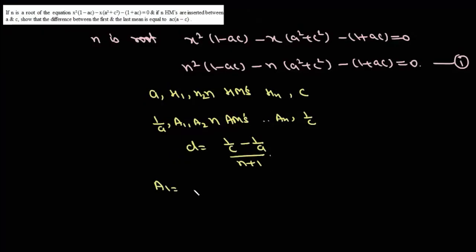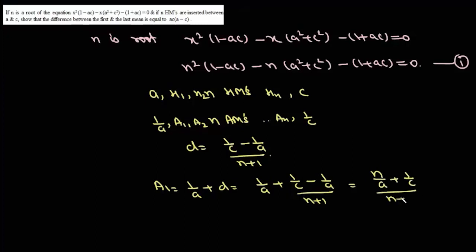Now this A1 will be 1 by a plus d, which is 1 by a plus 1 by c minus 1 by a upon n plus 1, which is n upon a plus 1 upon c, upon n plus 1.